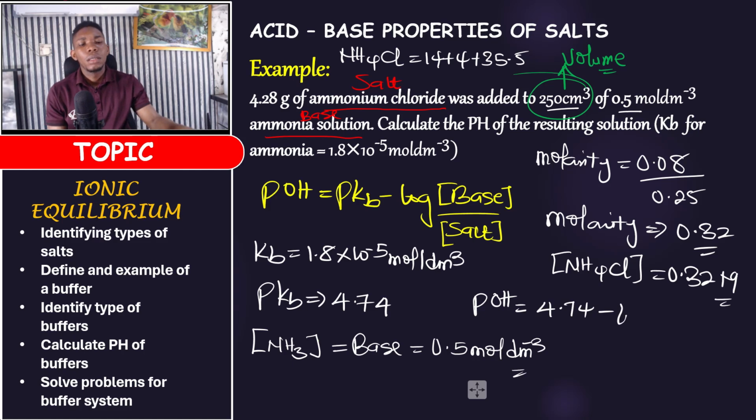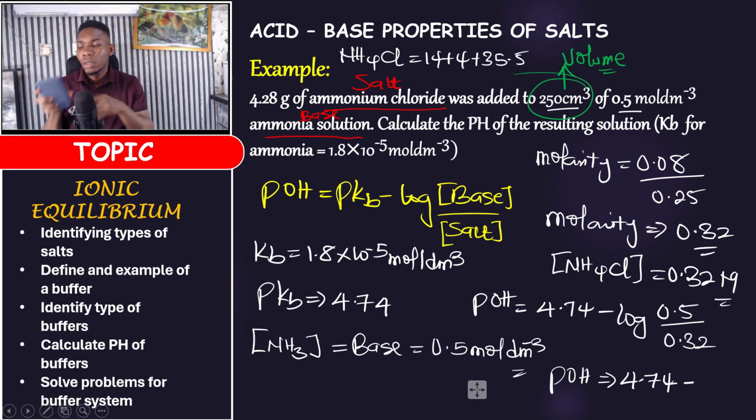Minus log, the base in this case now is ammonia. What was the concentration of ammonia given in the equation? 0.5 divided by, what was the concentration of ammonium chloride we calculated? 0.32. So our pOH will be 4.74 minus log, now press log 0.5 over 0.32.